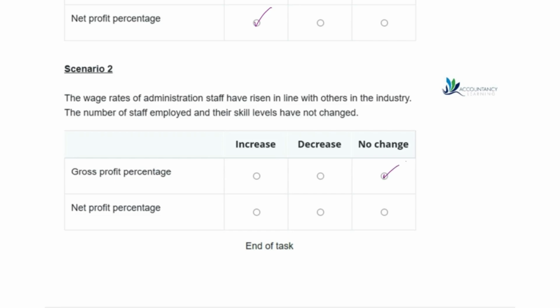So there won't be any change to the gross profit, but it will decrease our net profit percentage because the wage rates have gone up. There's no indication anything else has changed. So therefore, it's going to be costing more to employ these staff in line with others in the industry. So it will reduce our profit. And that concludes task 5.